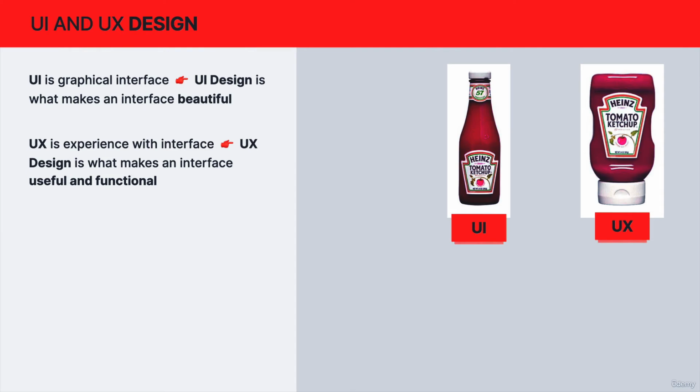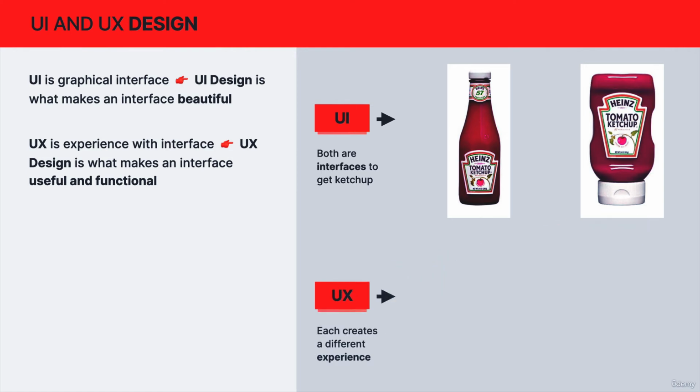However, if we actually think about it, this analogy doesn't make a lot of sense. Because in reality, both of these bottles can actually be called a user interface, because they're both interfaces for the user to get some ketchup, right? They do, however, create completely different experiences.